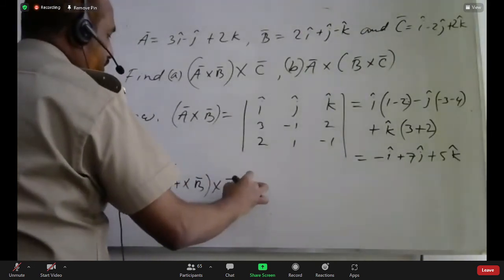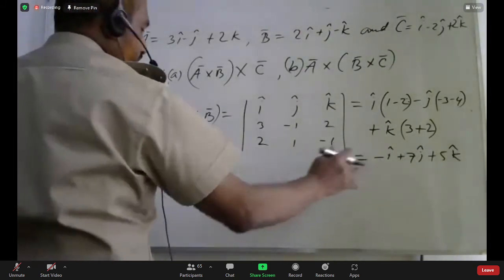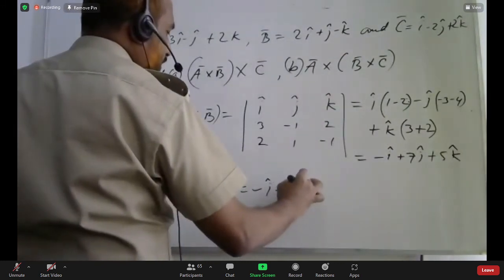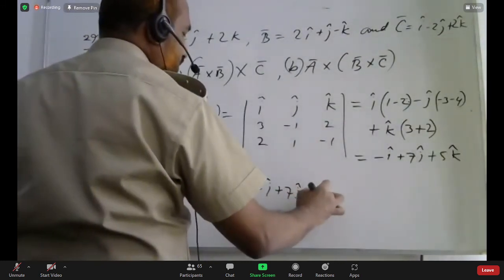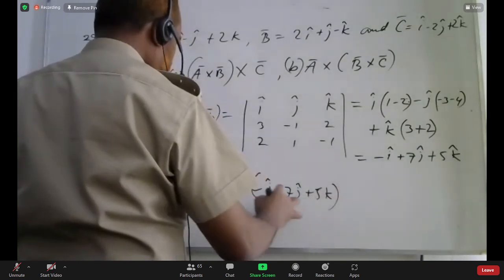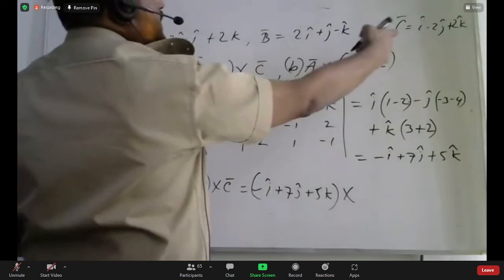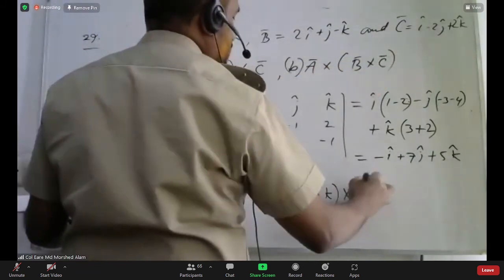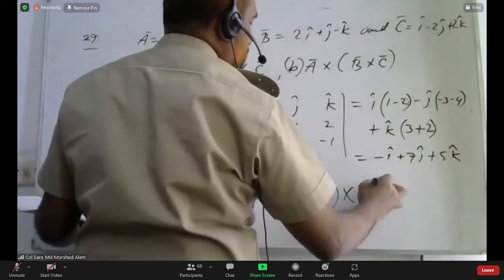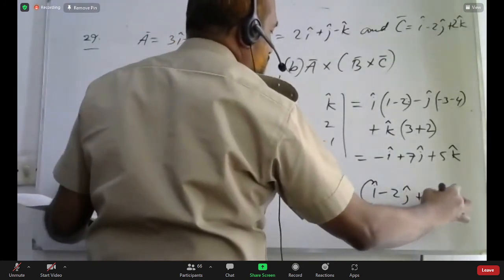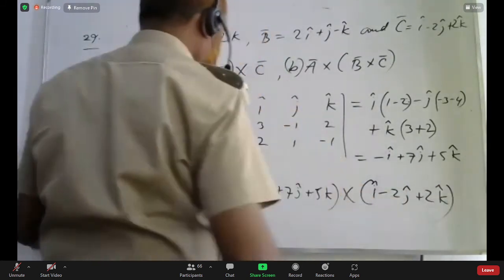cross C is equal to, so A cross B is this, isn't it? Minus i plus 7j plus 5k cross, what is C? C is this. C is what? i minus 2j plus 2k.